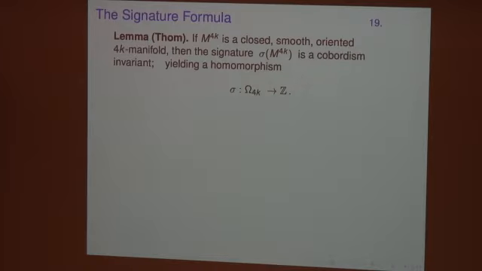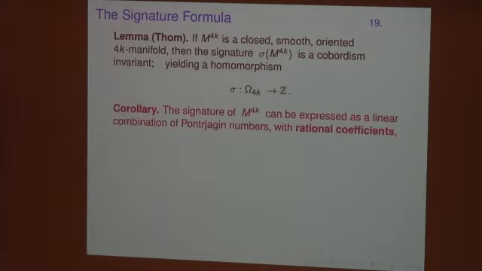This gave us a homomorphism from the cobordism group to the integers. And then, since he knew the cobordism group up to elements of finite order, it followed as a corollary that the signature can be expressed as a linear combination of Pontryagin numbers.